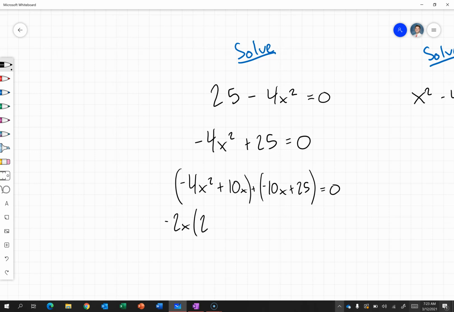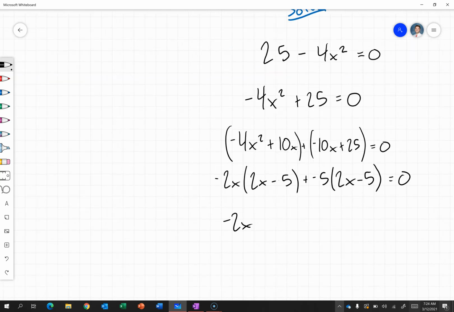That leaves me with 2x minus 5. And from here, I can factor out a negative 5, leaving me again with 2x minus 5. So then I have negative 2x minus 5 times positive 2x minus 5, and that equals 0.